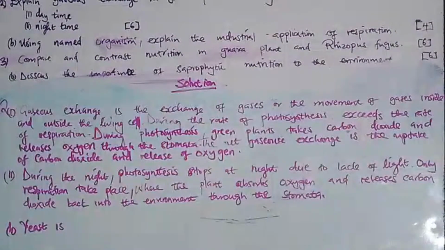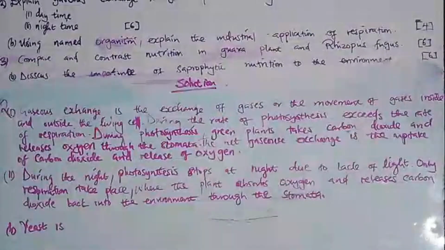Your yeast will release two important products. One is carbon dioxide, which will be used in baking. The other one is ethanol, which will be used to make what? Alcohol. So those are the two applications which yeast is formed via the process of respiration.